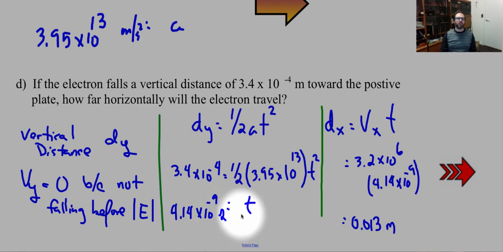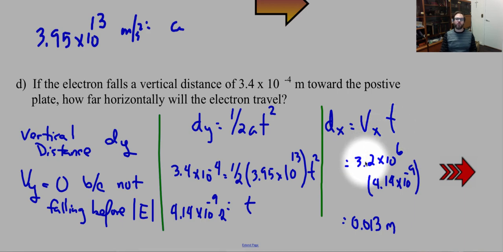Now that I know my time, I could use that to find my distance in my x, since time is the one variable that is transferable between my x vectors and my y vectors. So here I know my distance is equal to velocity times time because there is no acceleration in the x.